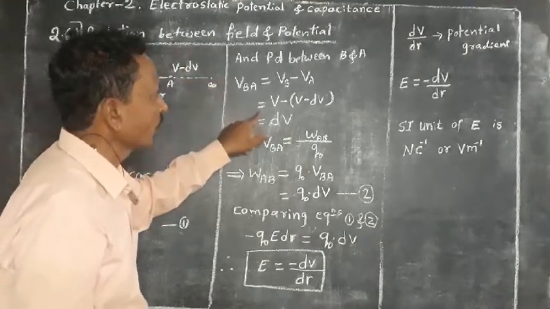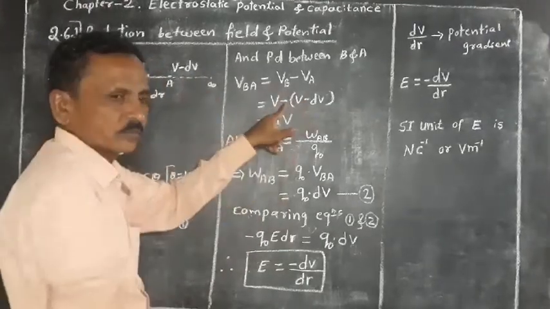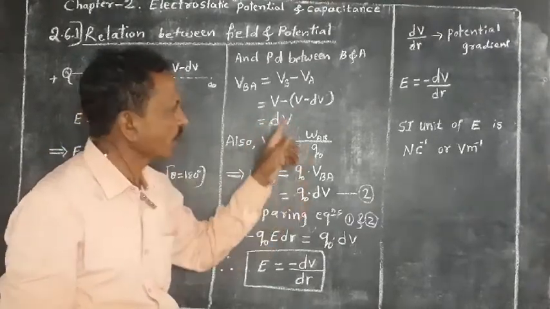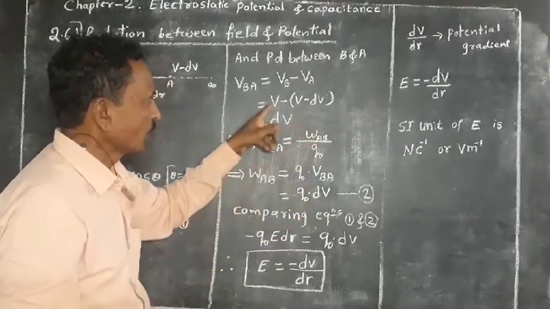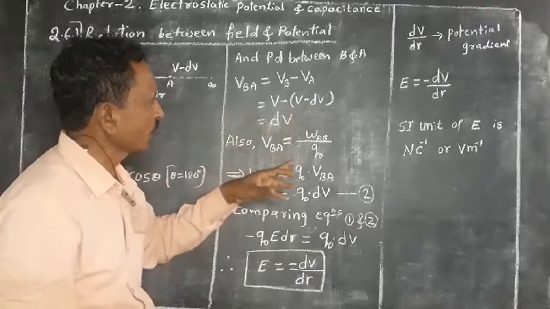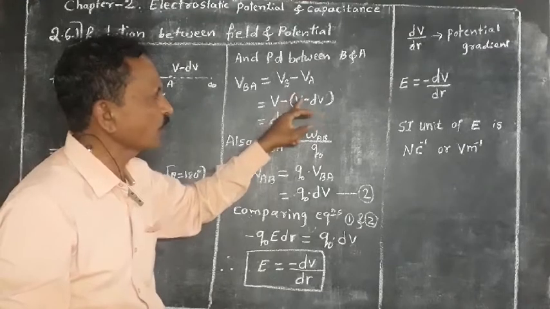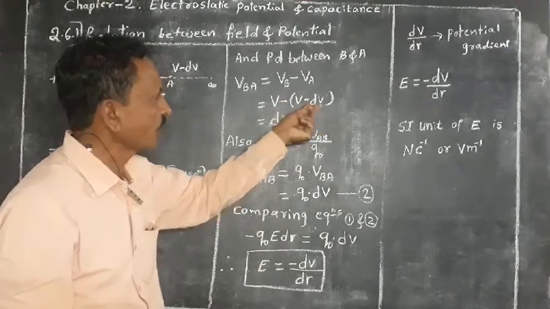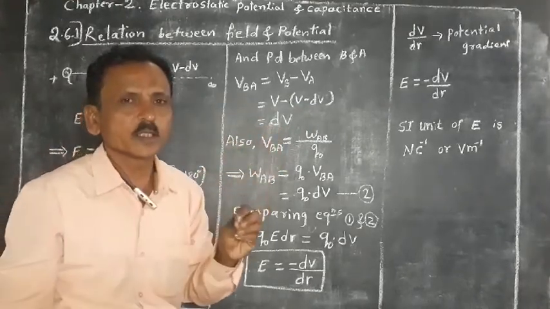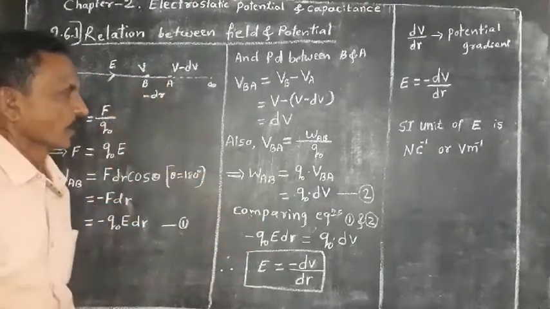Therefore, VBA equal to V minus (V minus dV), which is equal to dV. It represents the potential difference between the points B and A.